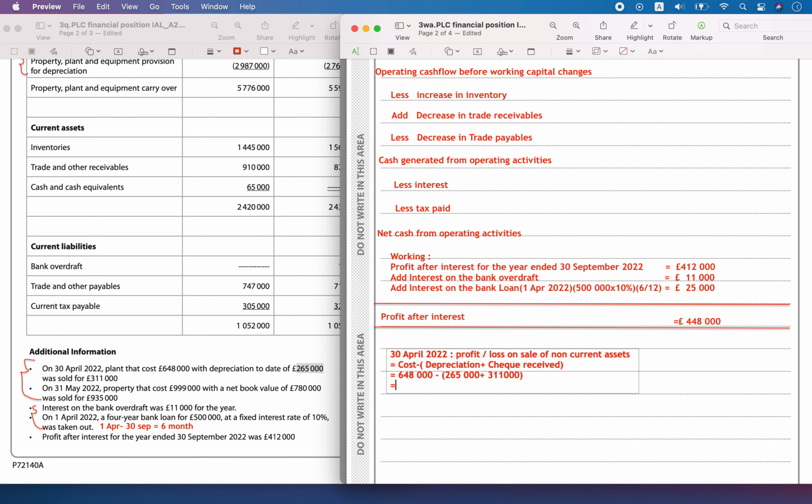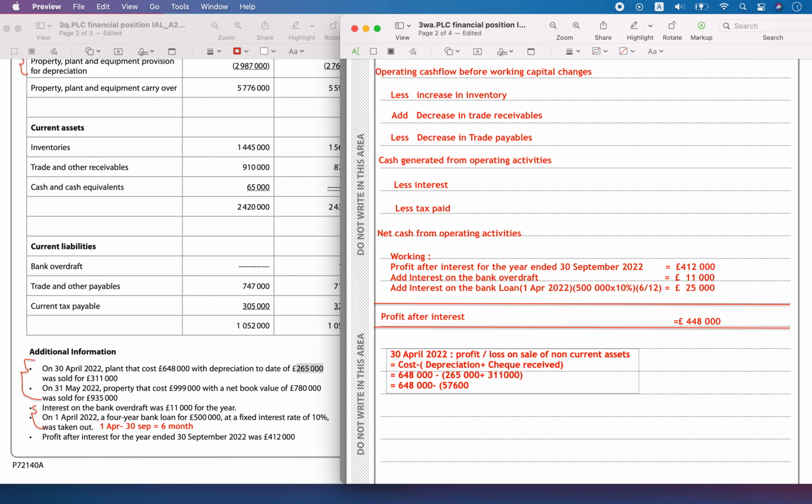So that is going to be equal to 648,000 minus, what is this value? 265,000 plus 311,000, that is 576,000.